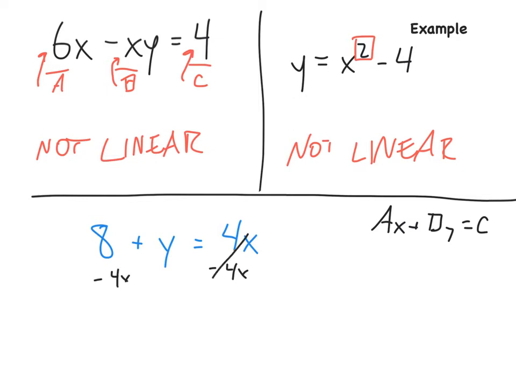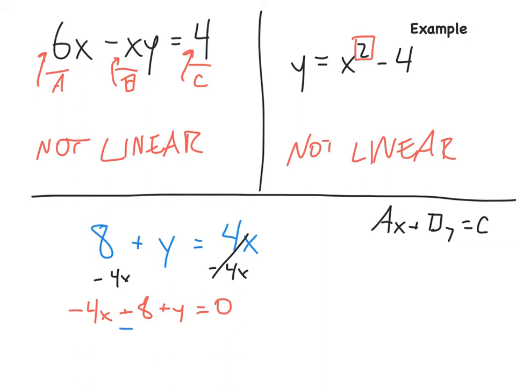So now we would have a negative 4x plus 8 plus y is equal to 0. And so we have the x's over here already. We have the y's over here. Now we just need to move the constants over. We need to move this 8 over to the side.